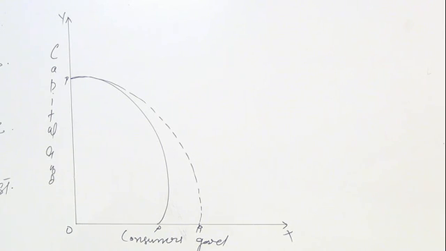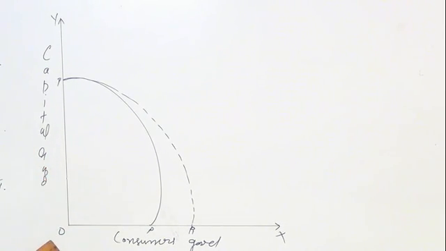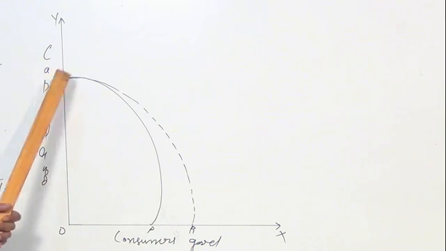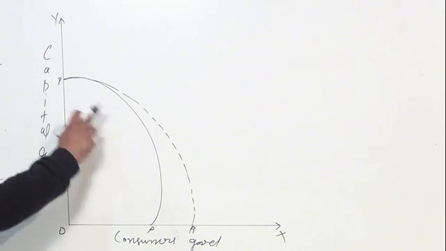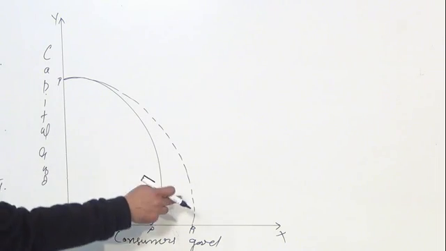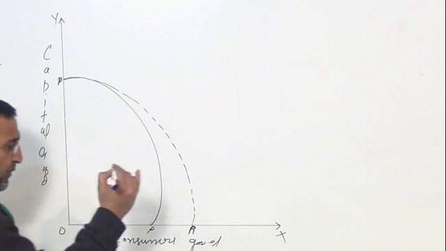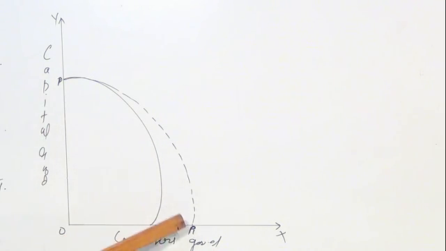When the way of producing consumer goods is developing, there is improvement in the technique of production of consumer goods, then this production possibility curve can rotate towards x-axis. That is, the first production possibility curve was PP. Now the next production possibility curve will be P1. So this means first rotation of production possibility curve.